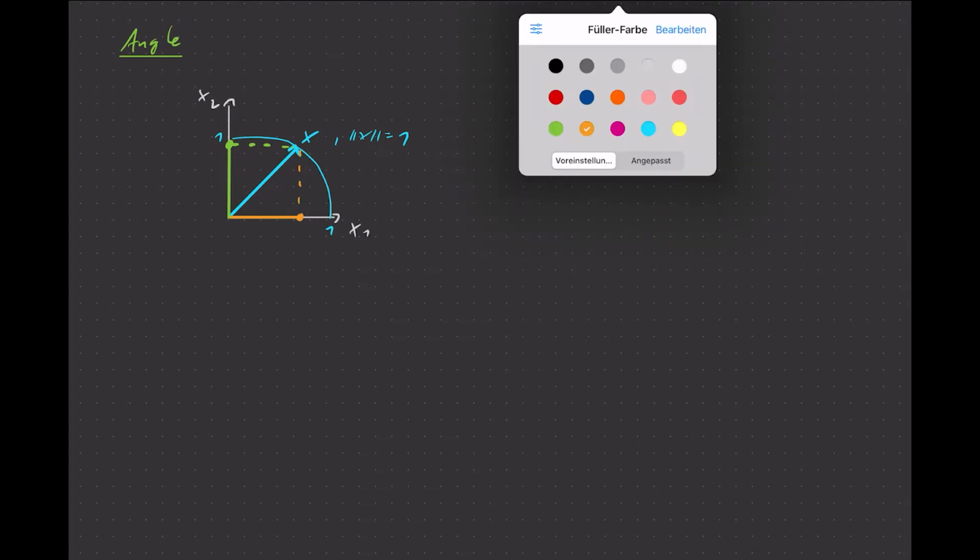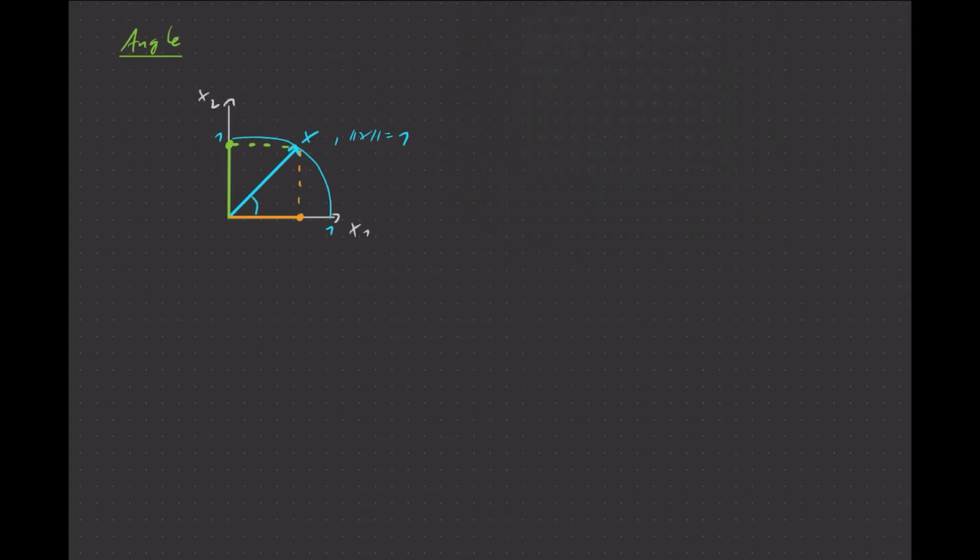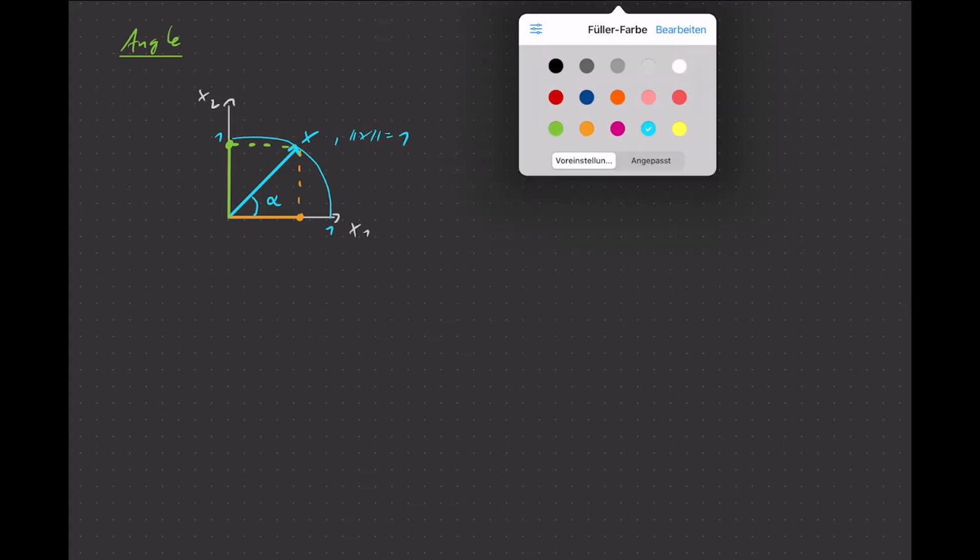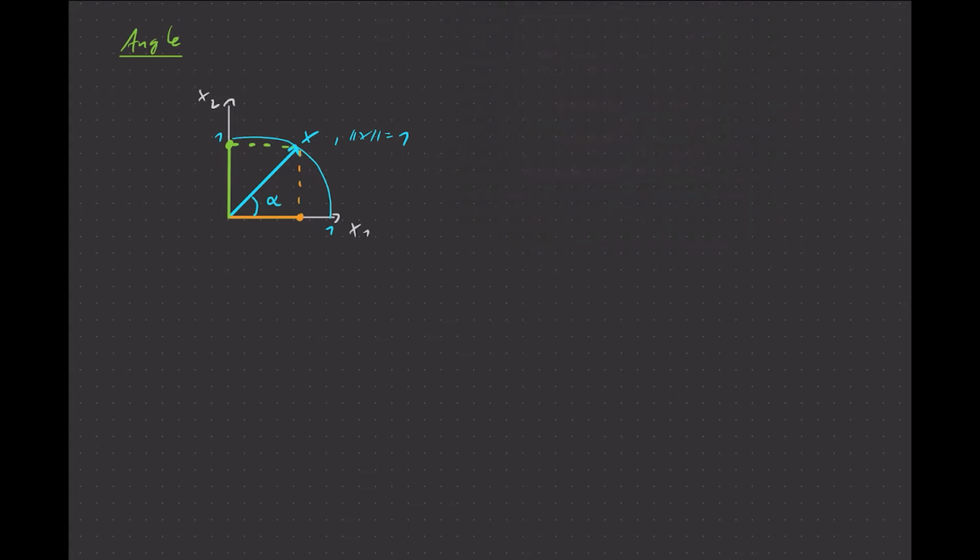Now, if we denote this angle here between the x1 axis and x by alpha, then you can see that this projection onto the x1 axis, the length of this orange bar here, is equal to the cosine of alpha. While the green one here, the length of the green line, is equal to the sine of alpha.